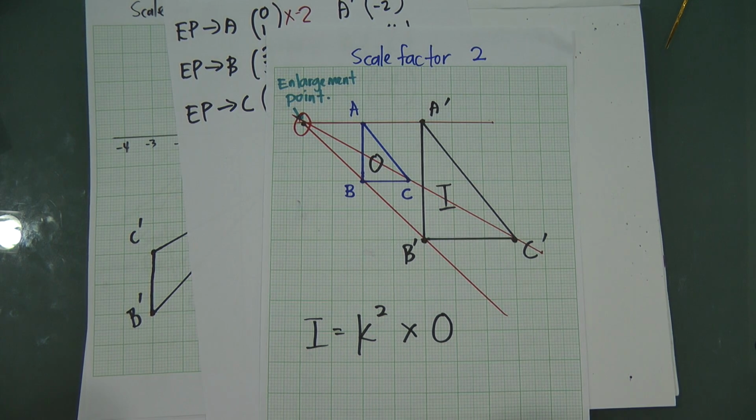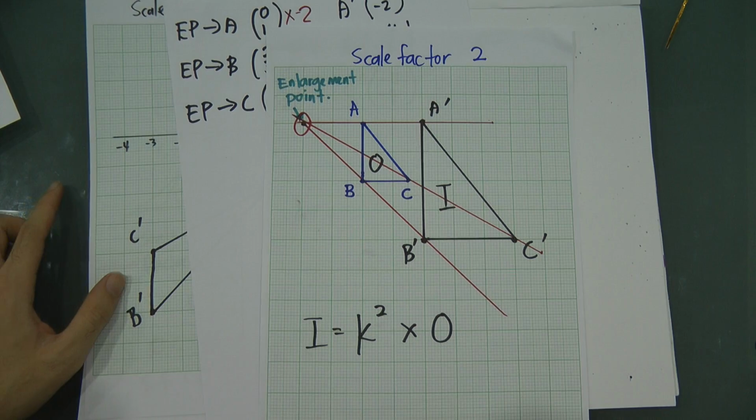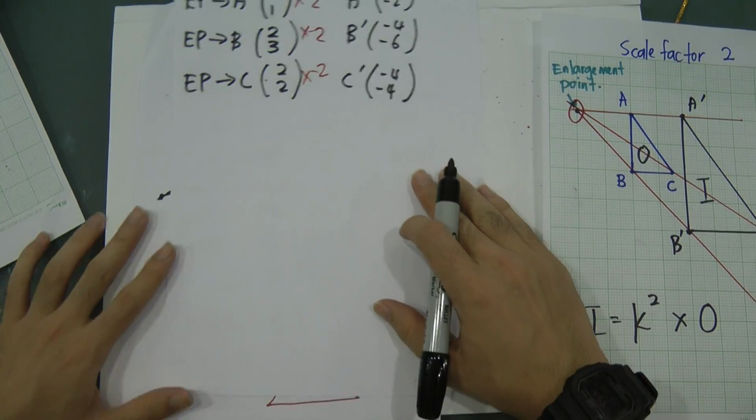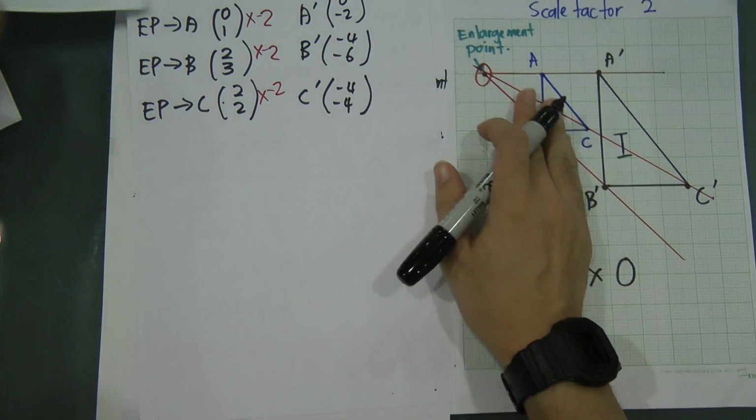Of course, before I forget, for enlargement, maybe I can add in some things like the full description of enlargement. For a full description, what you need is the scale factor and the center point. Normally, in Paper 2, they will ask you to fully describe the enlargement.